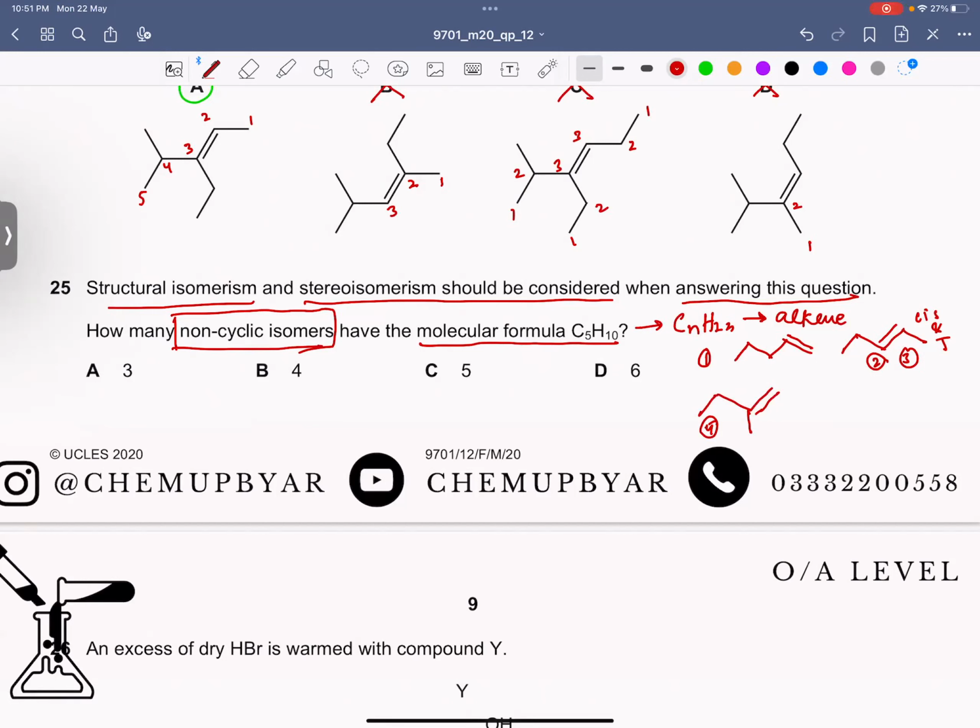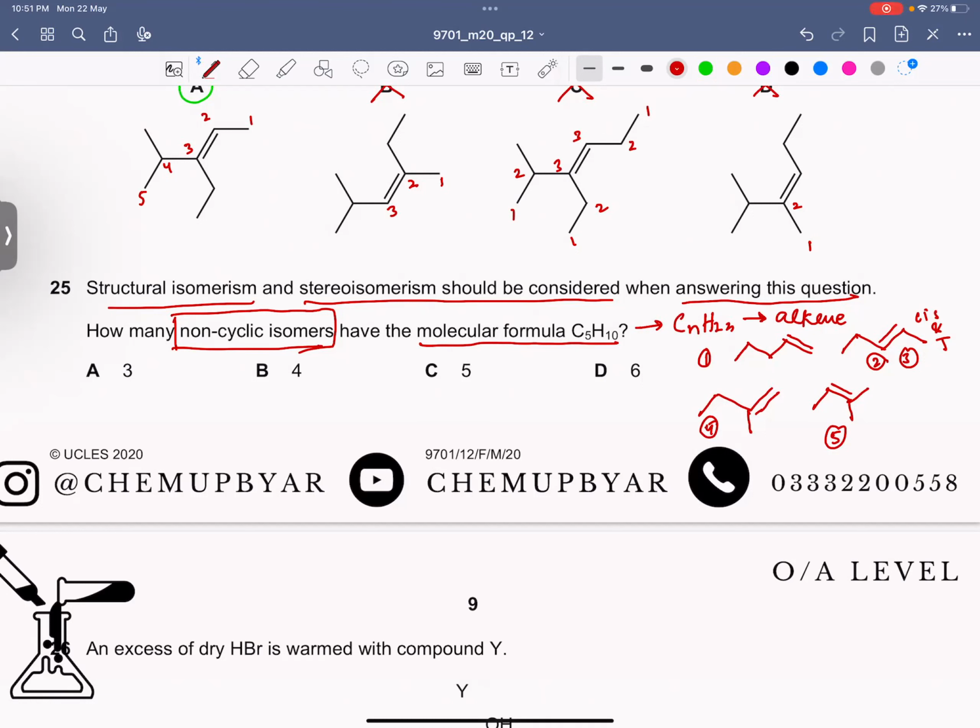Is this clear to everyone over here? Now, what I can do next, I shift the double bond and put a branch where it was earlier. So I get the 5th isomer. So the 4th and 5th both don't show cis and trans because one of the double bonded carbons has the same groups.